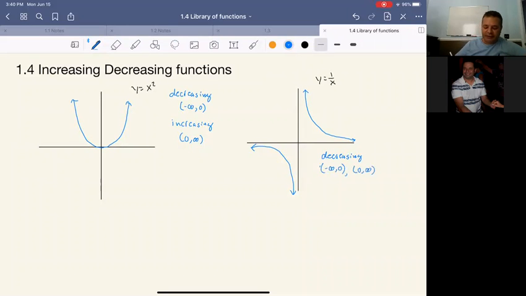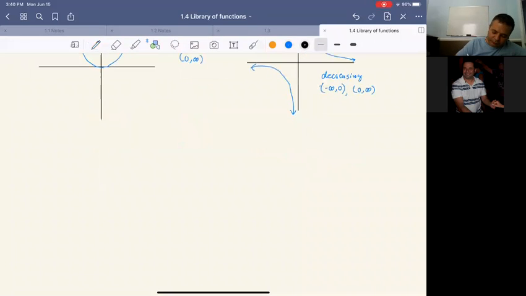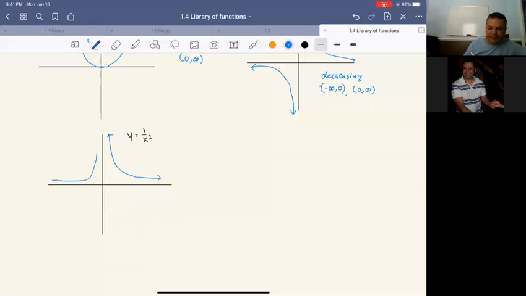Okay, take a look at another example. Let's take a look now at y equals 1 over x squared. Okay, so if we draw that, looks very similar to 1 over x on this side, but on this side, it's up here. Okay, on the left, it looks like so.